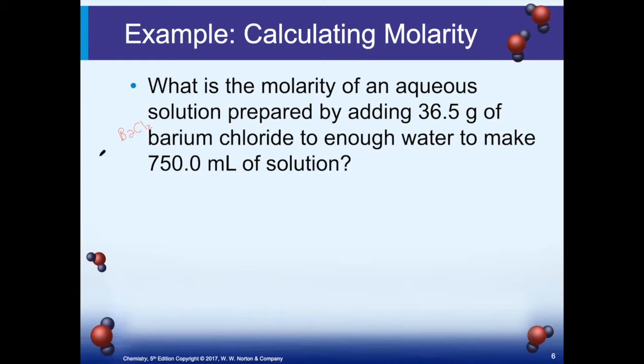Okay, so if I need to calculate something, then I also need to know the molar mass of barium chloride. Barium has an average atomic mass of 137.328, and we're going to add that to 2 times the average atomic mass of chlorine, which is 35.453.